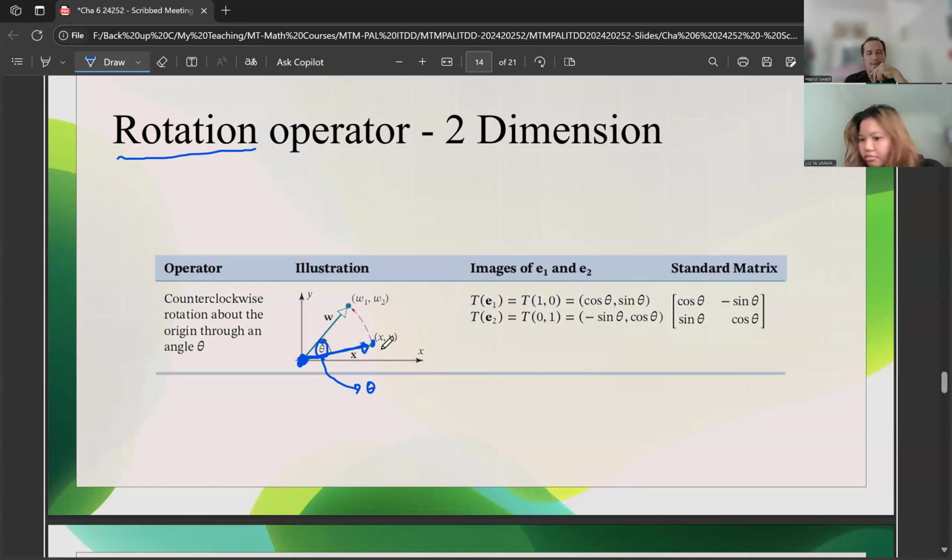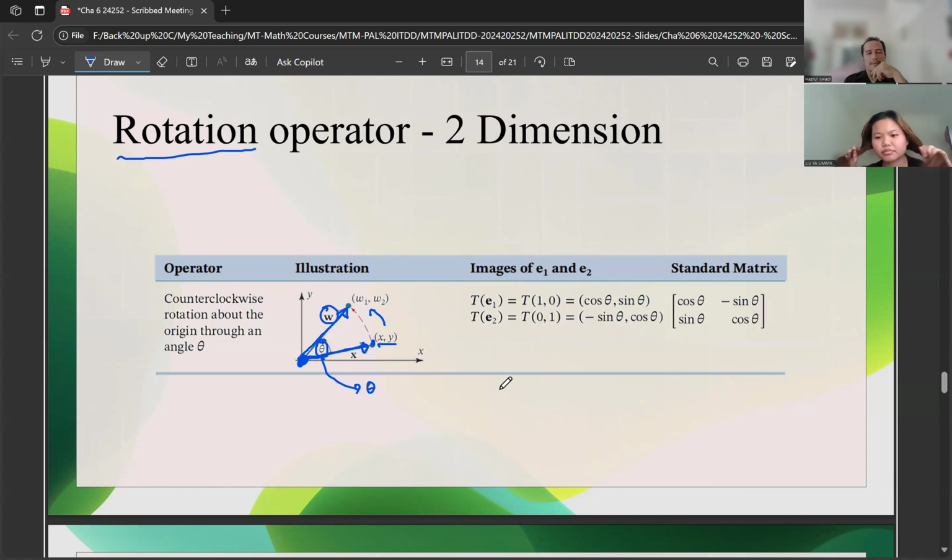So we can rotate the x, y to become w1 and w2. So we rotate the vector, and this is the result. Okay.